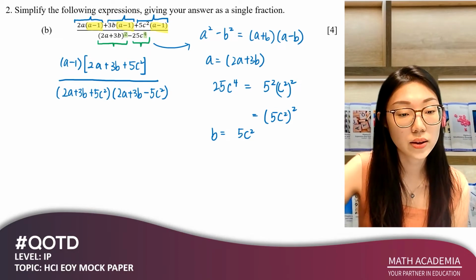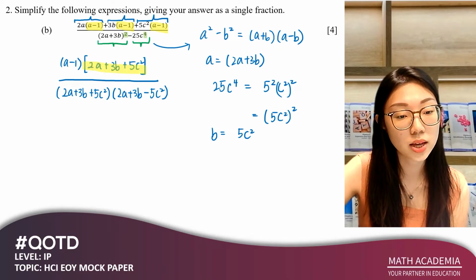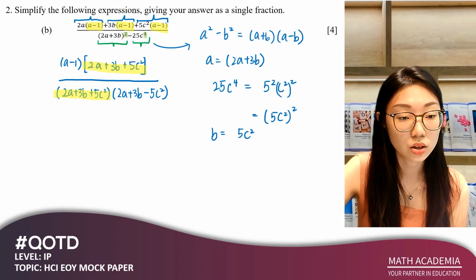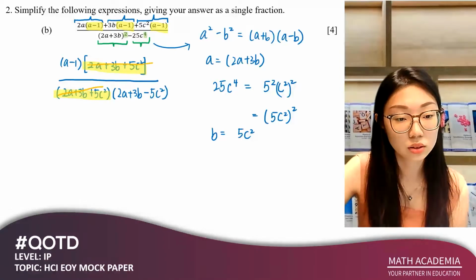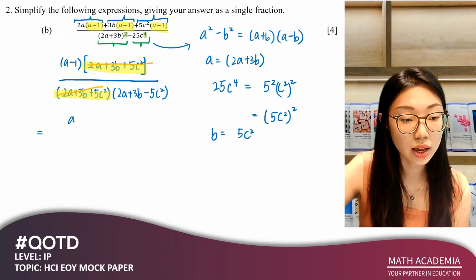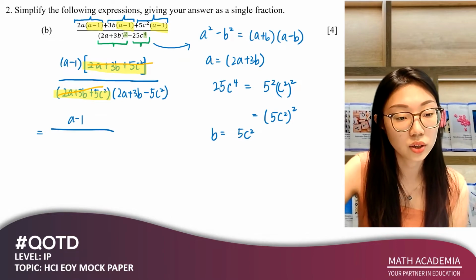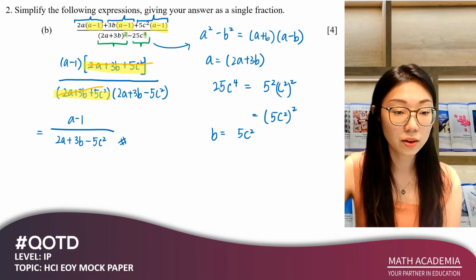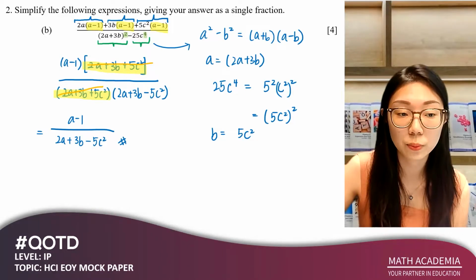Okay, if I see here, these 2 terms are exactly the same. So that would mean that I can cancel them. Alright, so when I cancel, I would be left with a minus 1 over 2a plus 3b minus 5c squared. And this would be my final answer for question 2 part B.